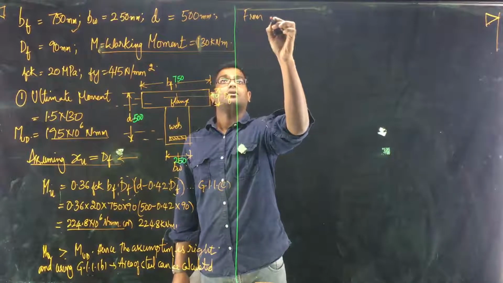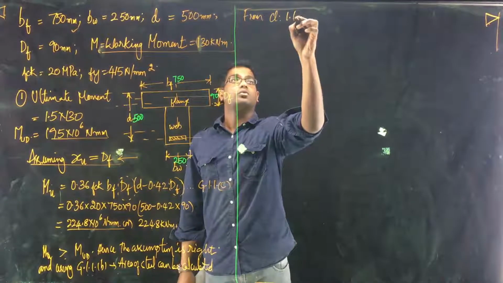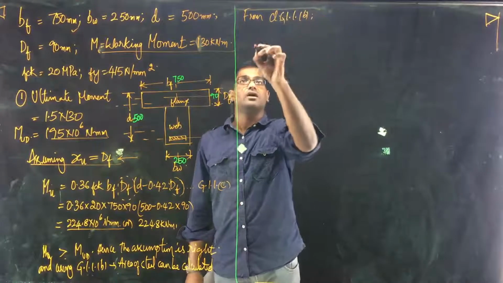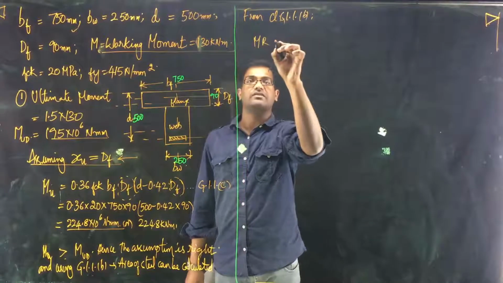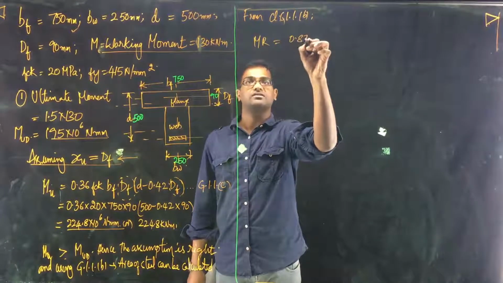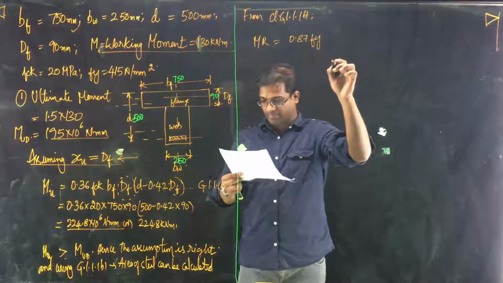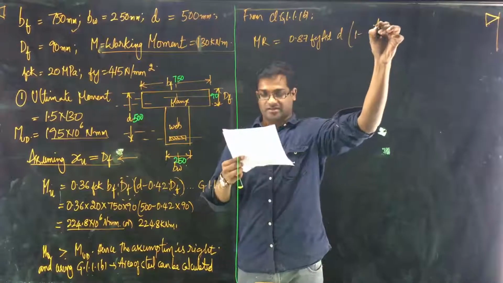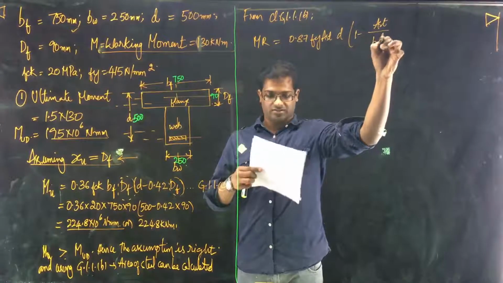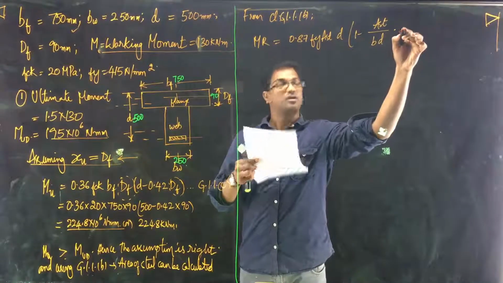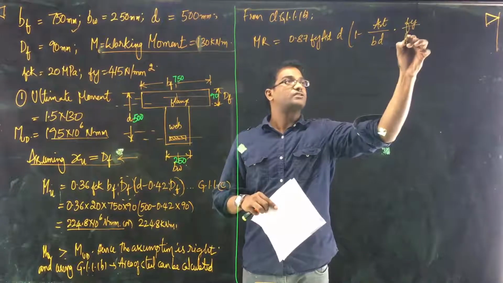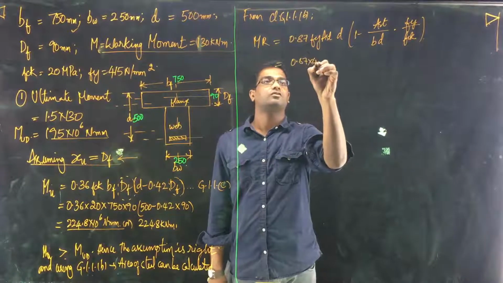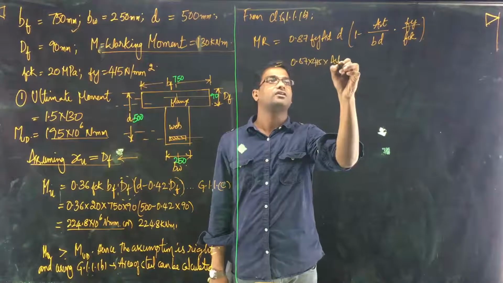From clause G1.1.b, moment of resistance is given by 0.87 Fy AST d into 1 minus AST by BD into Fy by FCK. So 0.87 into 415 into AST, which we need to calculate.